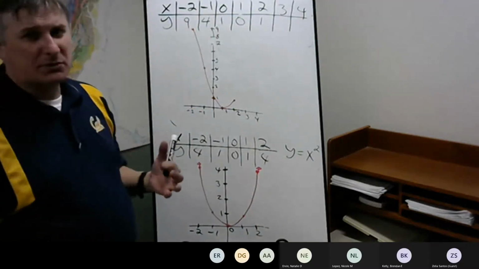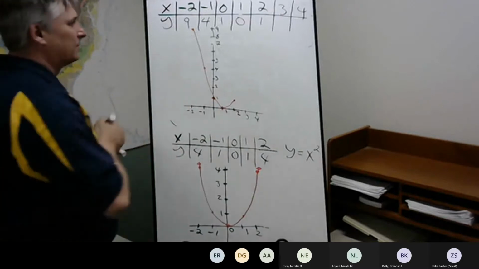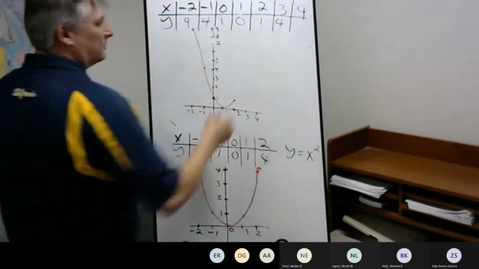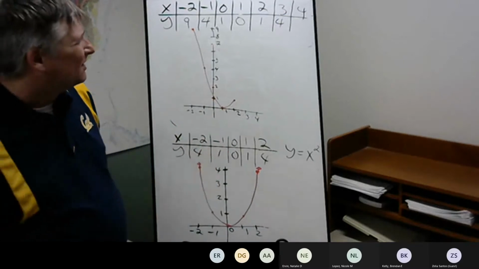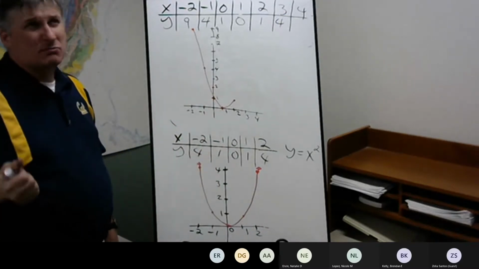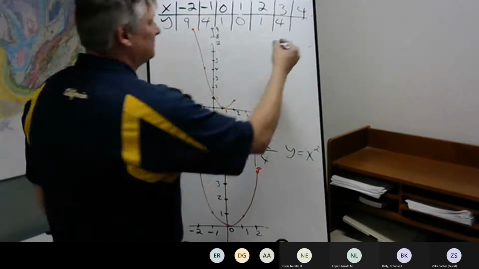So 3 minus 1 is 2. 2 squared is 4. We're still doing x minus 1 quantity squared. 4 minus 1 is 3. 3 squared is 9.